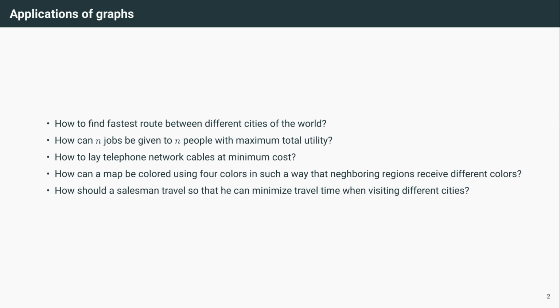Okay. The other problem is a very famous graph coloring problem, which is about coloring a map in such a way that neighboring regions receive different colors. Then there is a famous traveling salesman problem, which visits different cities. So how would you minimize the travel time?